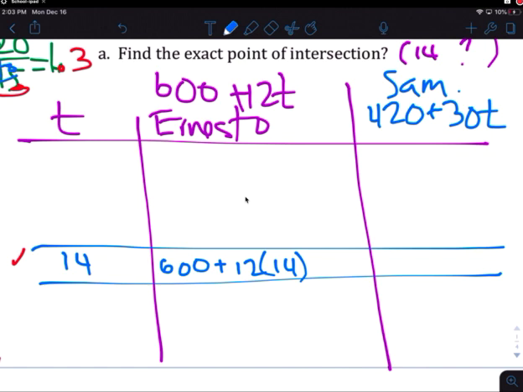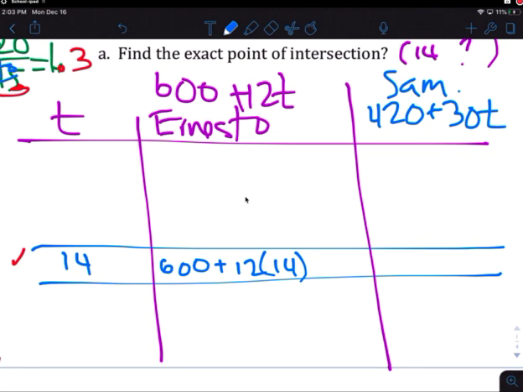Uh-oh, where's my calculator? Borrow one from this table. Faster. Okay. 600, multiply first. 12 times 14 plus 600.